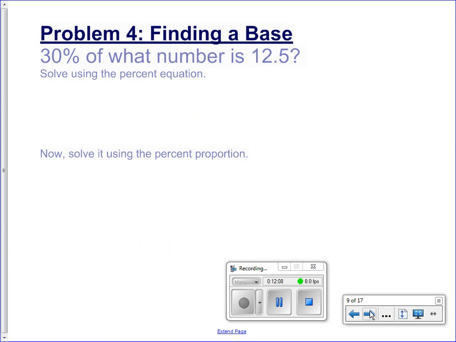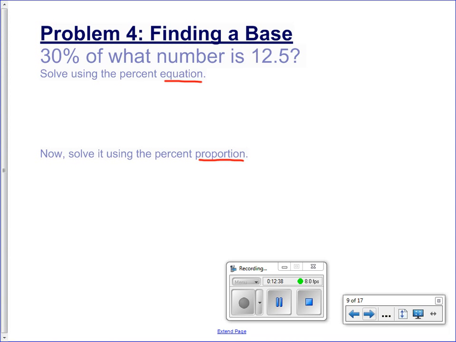All right, slide 9, I guess it is. Problem 4, finding a base. 30% of what number is 12.5? We're going to solve it using the percent equation first, and then using a proportion. I don't care which method you use in solving, whichever works for you the best.